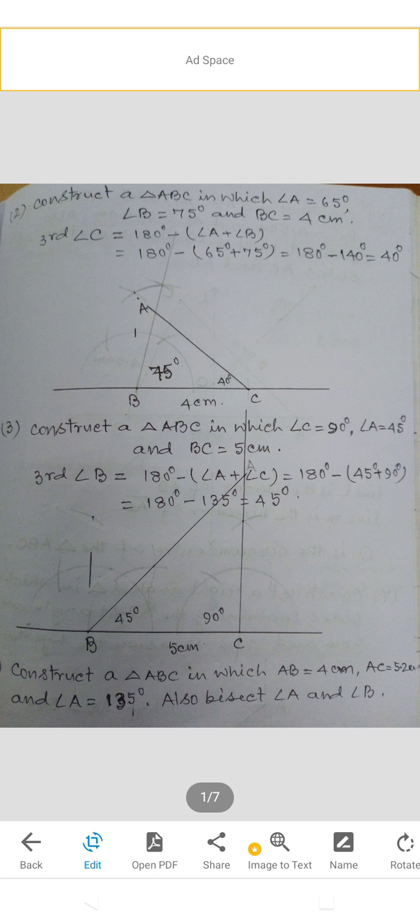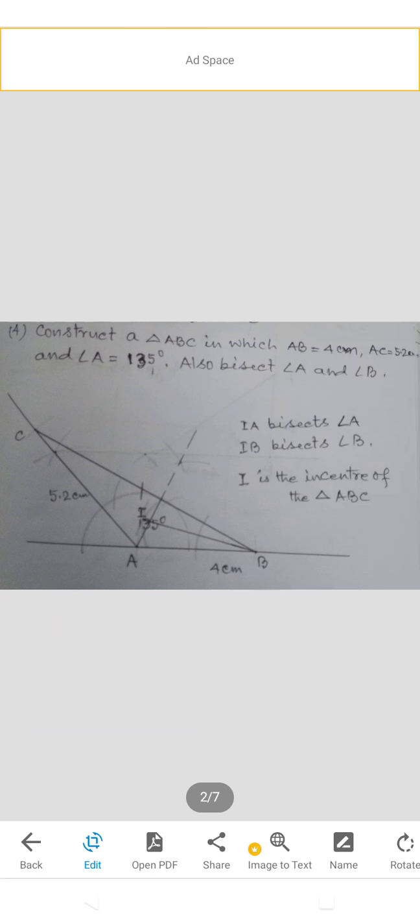Also bisect angle A and angle B. Question 4. Construct a triangle ABC in which AB equal to 4 centimeter, AC equal to 5.4 centimeter and angle A equal to 135 degree. Also bisect angle A and B.